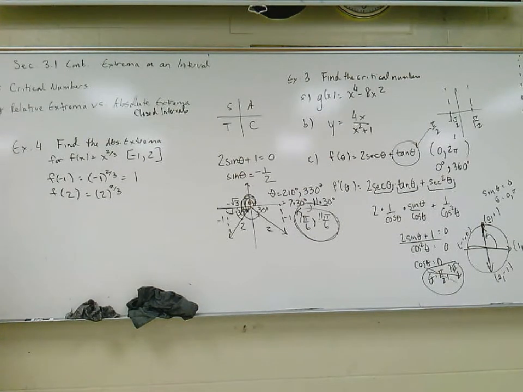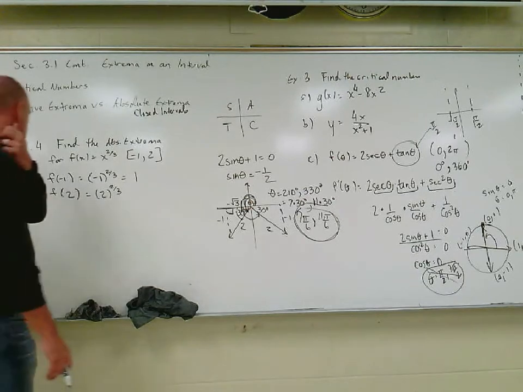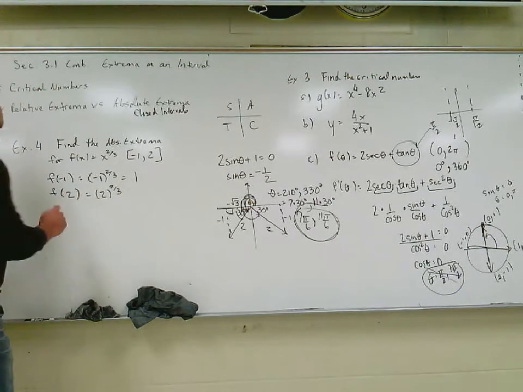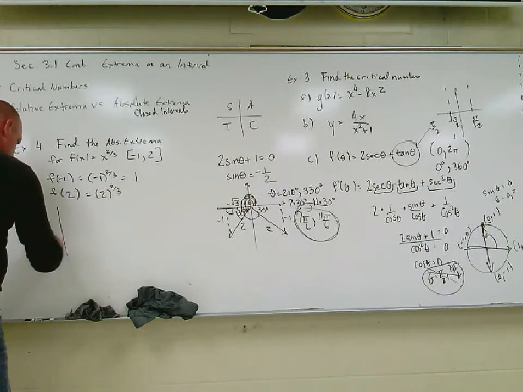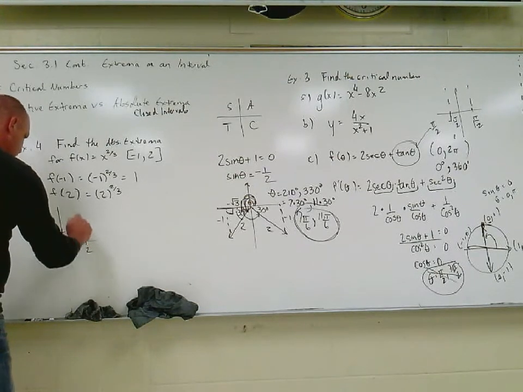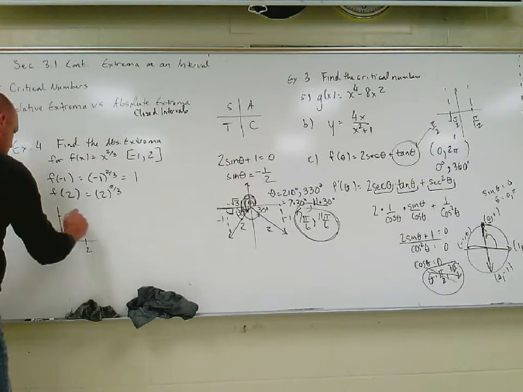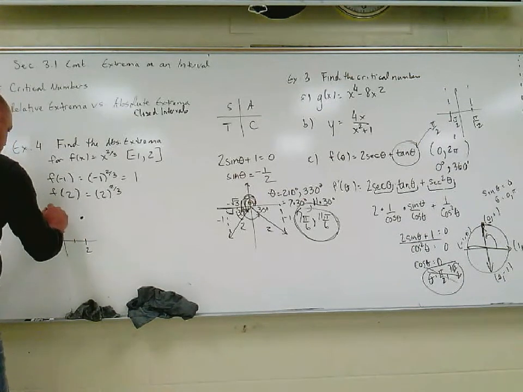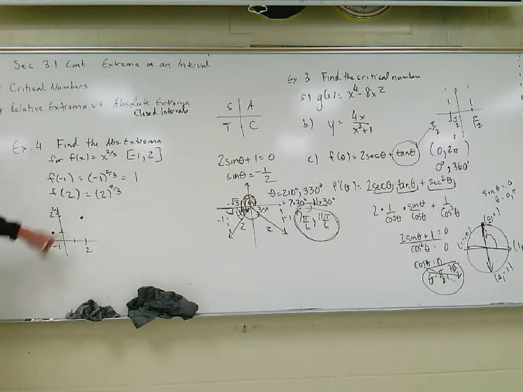All right, so there's that. So if I look at my window right now, -1 is 1, 2 is like 2 to the 2/3, so it's up here like this. Okay, 2 to the 2/3 is higher than 1, it's bigger than 1.